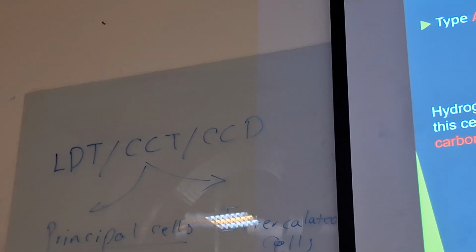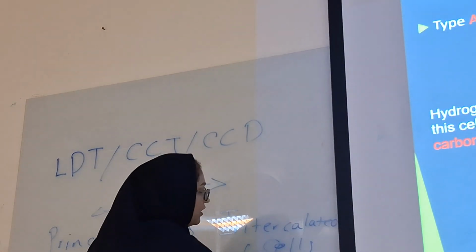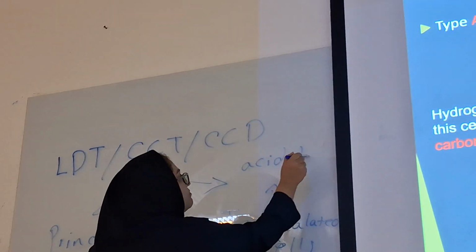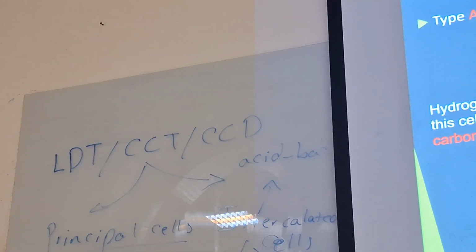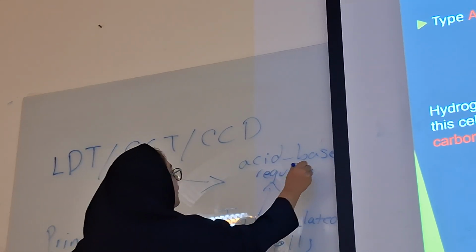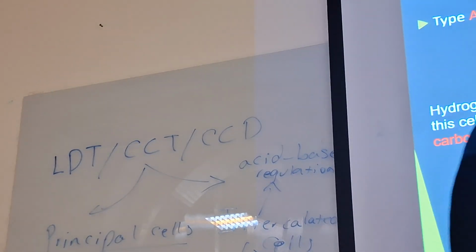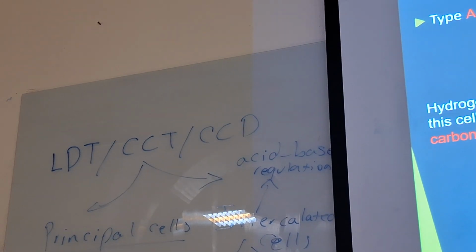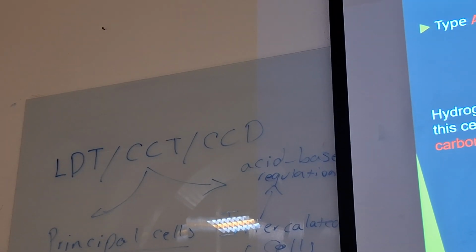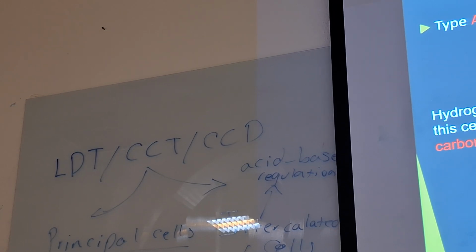Here you can see intercalated cells. Intercalated cells are of two types, A and B. These cells are very important in acid-base regulation. Here you can see type A cell. Carbon dioxide plus water forms carbonic acid. Carbonic acid forms bicarbonate plus hydrogen.